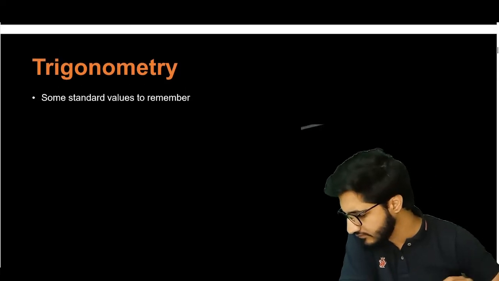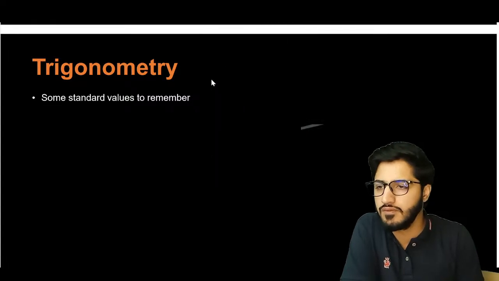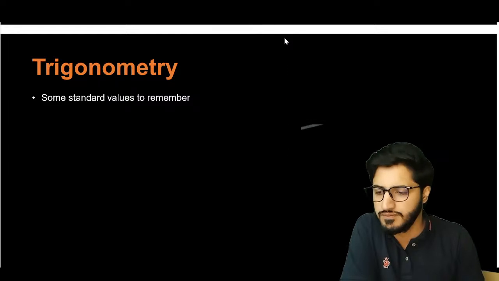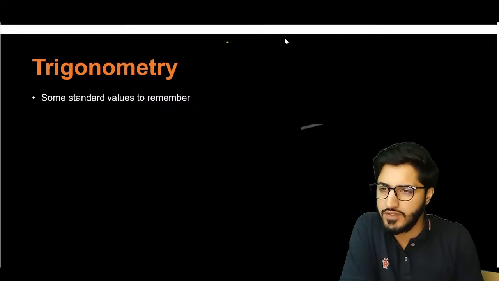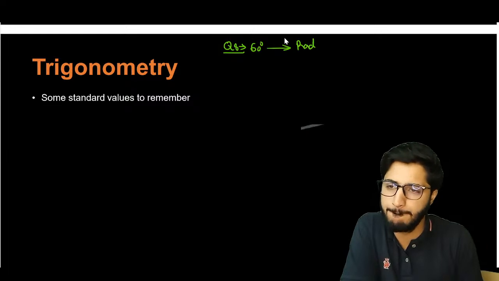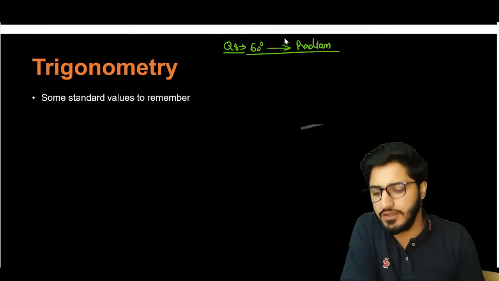Now, suppose we have a question. We have 60 degree. You have to convert 60 degree into radian. How can you convert 60 to radian?